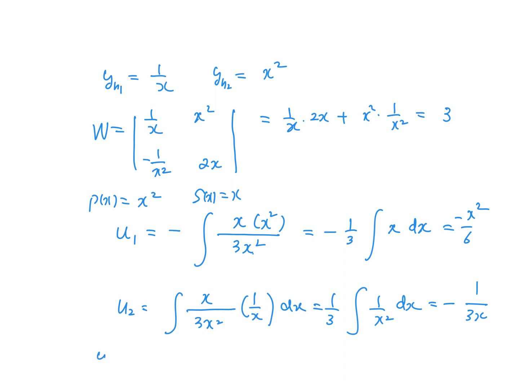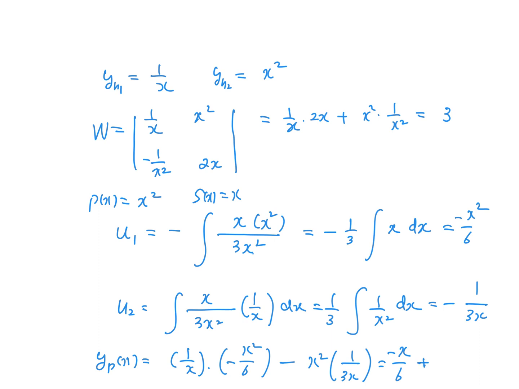So yp is yh1, which was 1 over x, right? Times minus x squared over 6, plus x squared times minus x over 3. So that is minus x over 6 plus or minus x over 2, right?